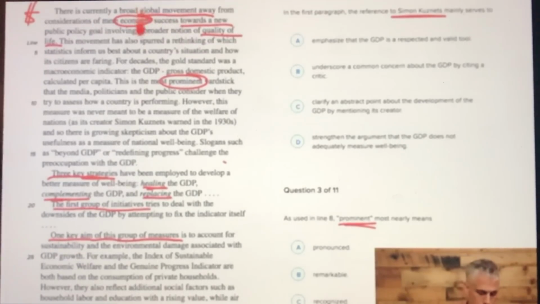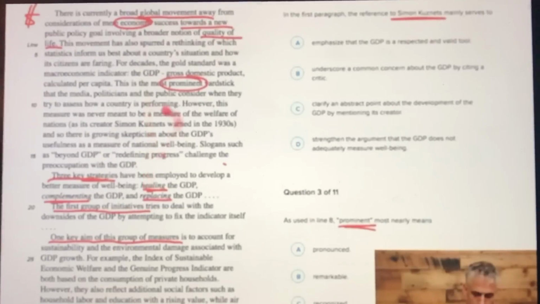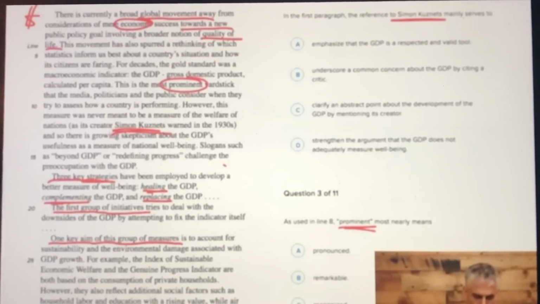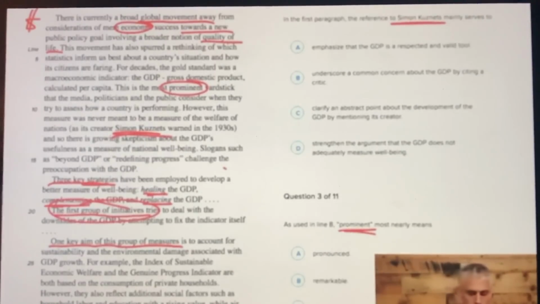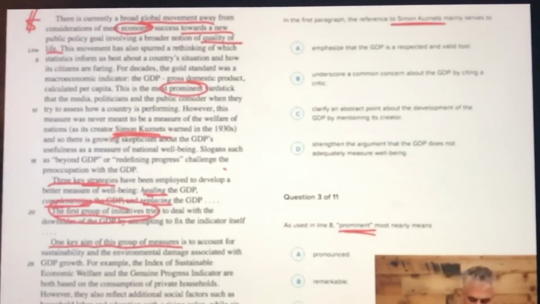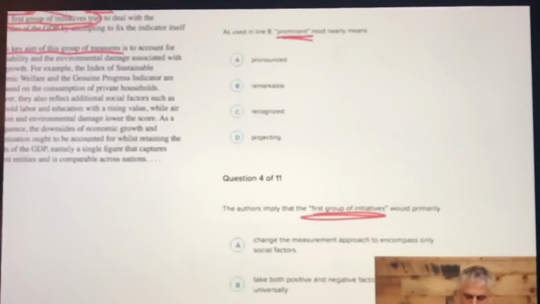What you can do is bring your finger down the center of the text and say, oh, there he is. Similarly, I could be bringing my finger down the center of the text, and I say, first group of initiatives, and I saw that as well. So that's just another skimming strategy that you could use if it helps.